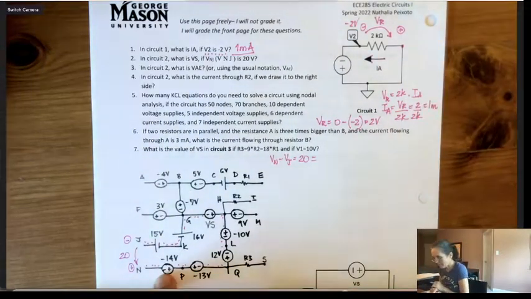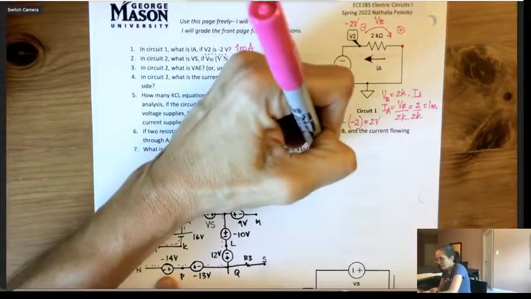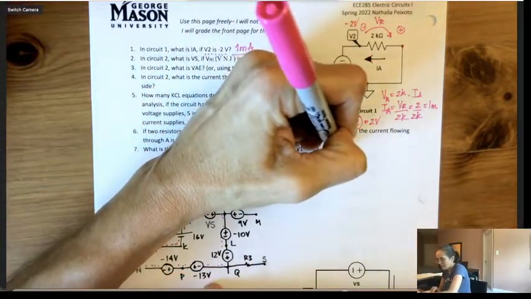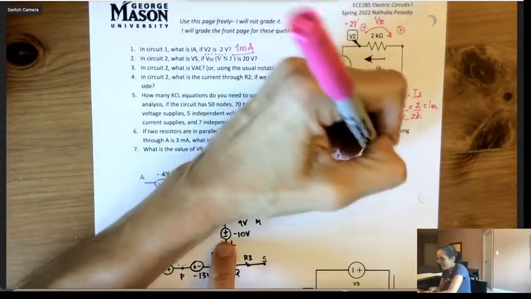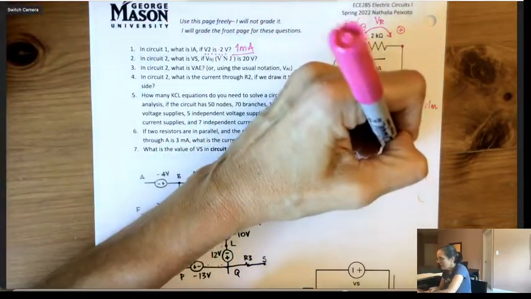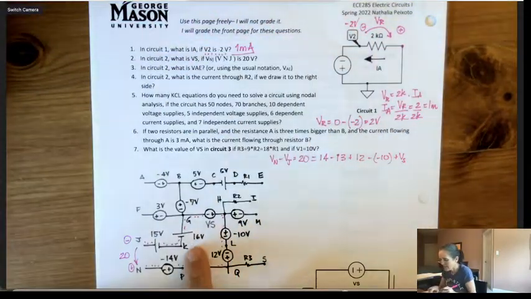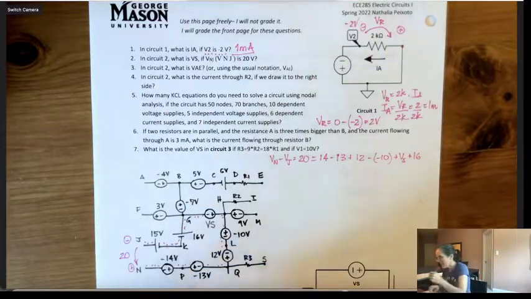So I'm going to say minus 14, which is 14, minus 13, plus 12, minus 10, plus Vs, plus 16, minus 15 is 20.